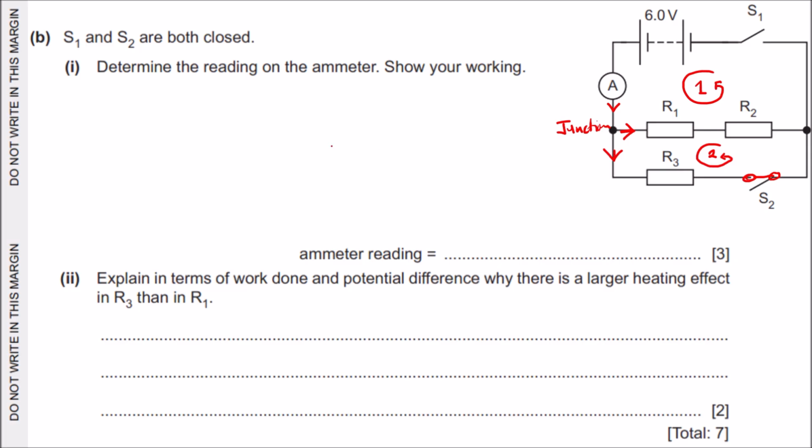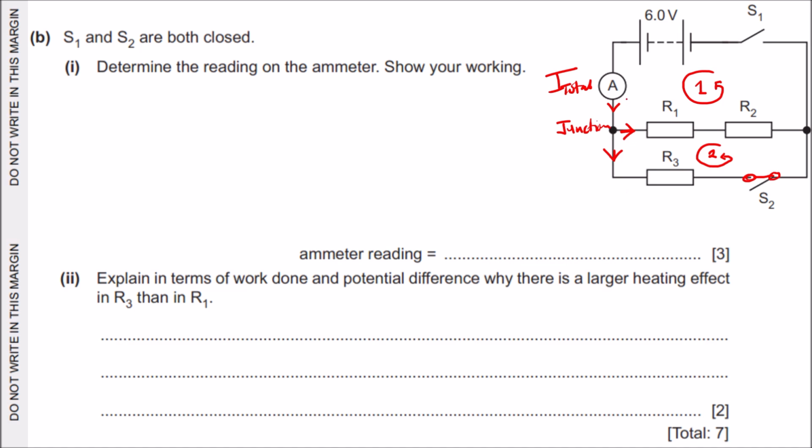Now for us to determine the reading of the ammeter, it is reading the total current because it's current before division. There are 2 important things we need to recall. Number 1, parallel circuits are current dividers.